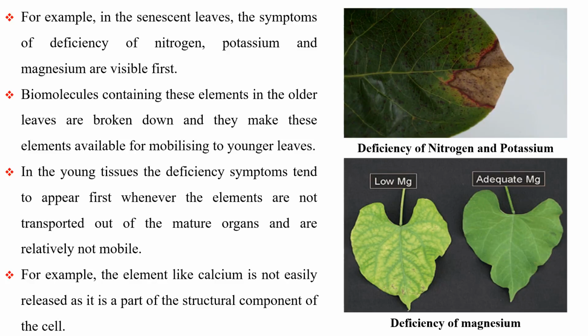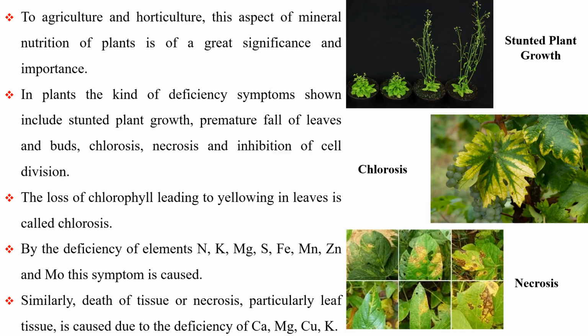For example, an element like calcium is not easily released as it is a part of the structural component of the cell. To agriculture and horticulture, this aspect of mineral nutrition of plants is of great significance and importance.